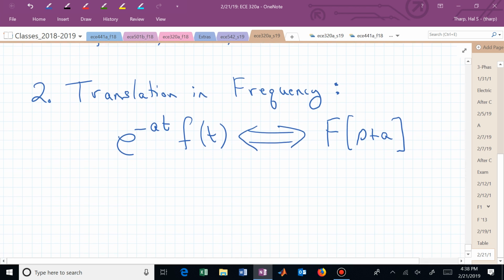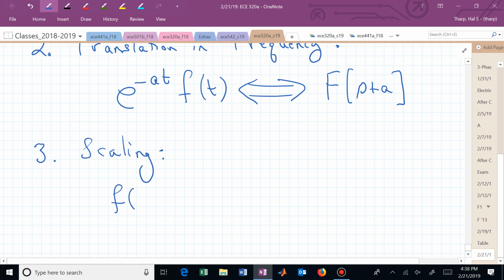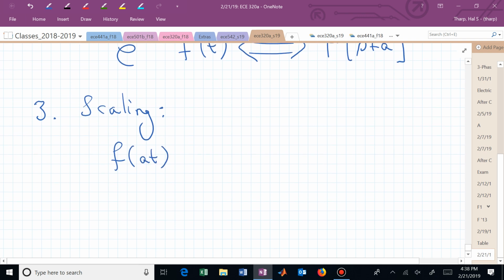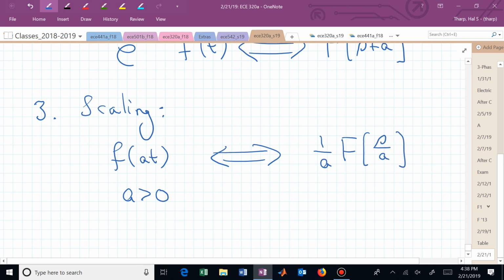One more transform operation, scaling. Suppose we have scaled the time variable in our time domain waveform by a, where a is, let's say, a positive scaling factor. Then everywhere we had an F of s, we would scale the frequency by dividing by a and scale the whole transform expression by 1 over a.